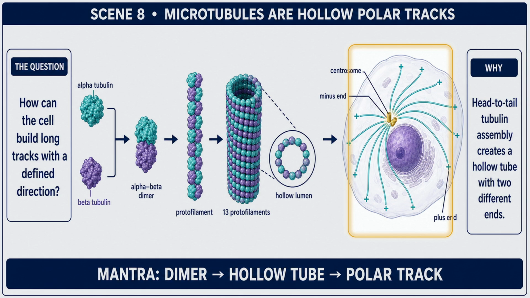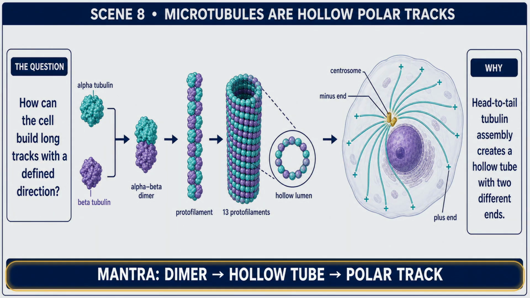The result is more than a long rod. It is a track with a defined direction. A radial network of these tracks helps position organelles and organize the cytoplasm. Structure creates polarity, and polarity will soon become transport.